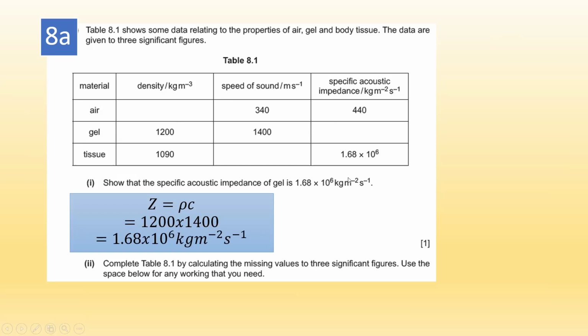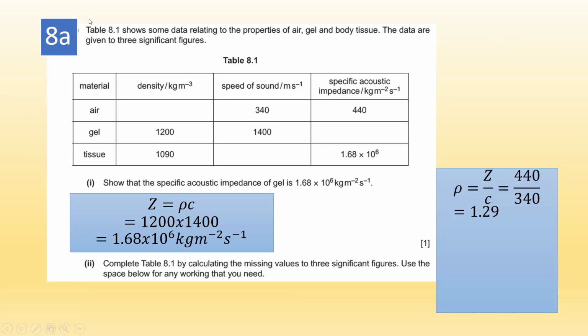Complete the table by calculating the missing value to three significant figures. Use the space below for working. And there's a working for air. Right? By just using this formula, rewriting it, get 1.29. And this one we already calculated.